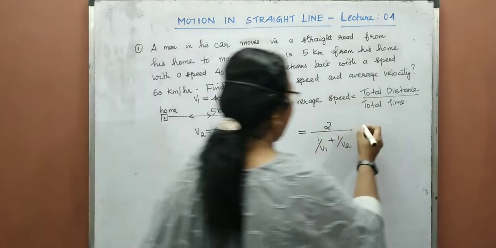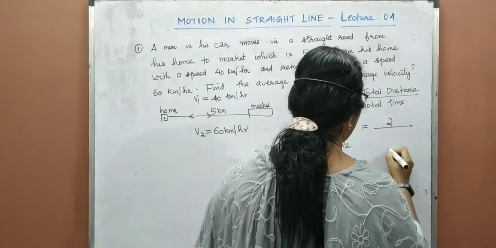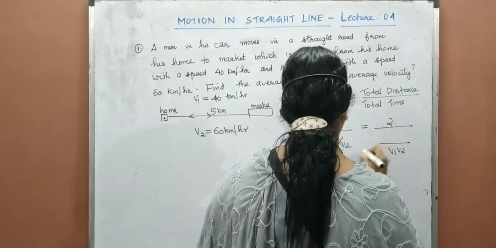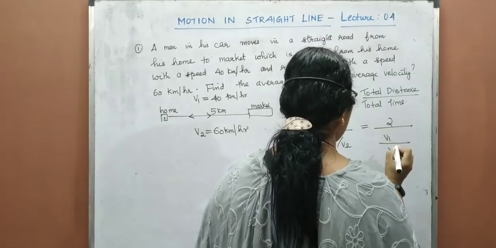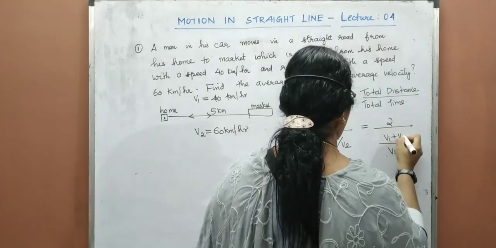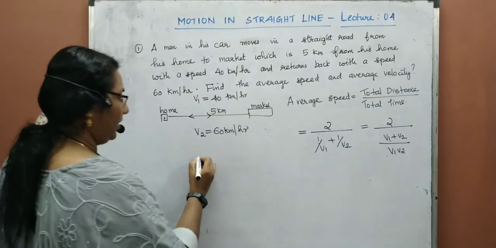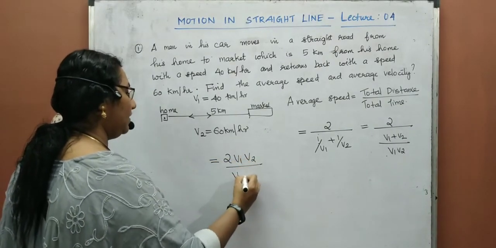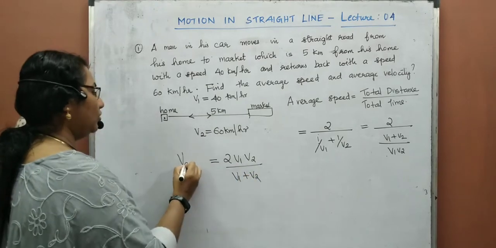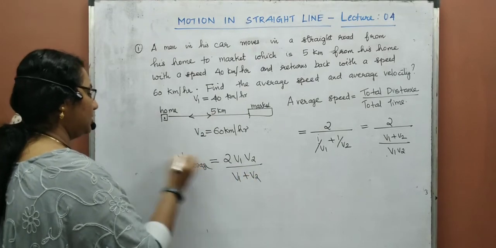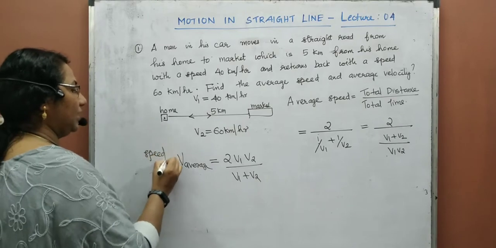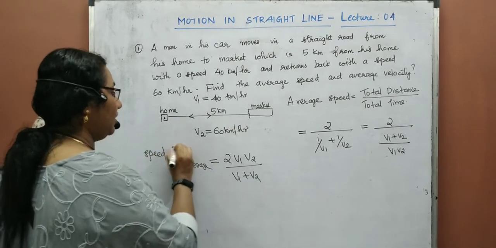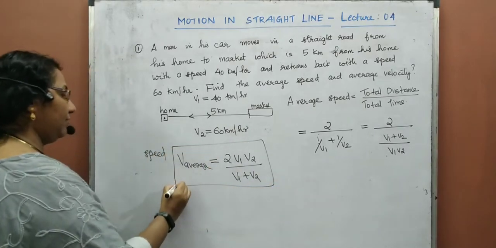On solving, it becomes 2 V1 V2 by V1 plus V2. So the average speed V average becomes 2 V1 V2 by V1 plus V2.